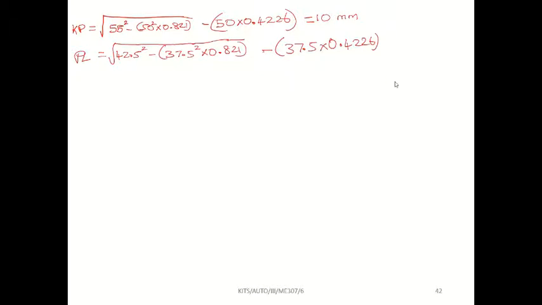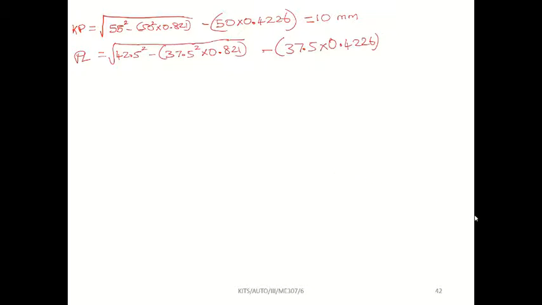Okay, so 42.5 square value is 1806. 37.5 square answer is 1406 into 0.821.